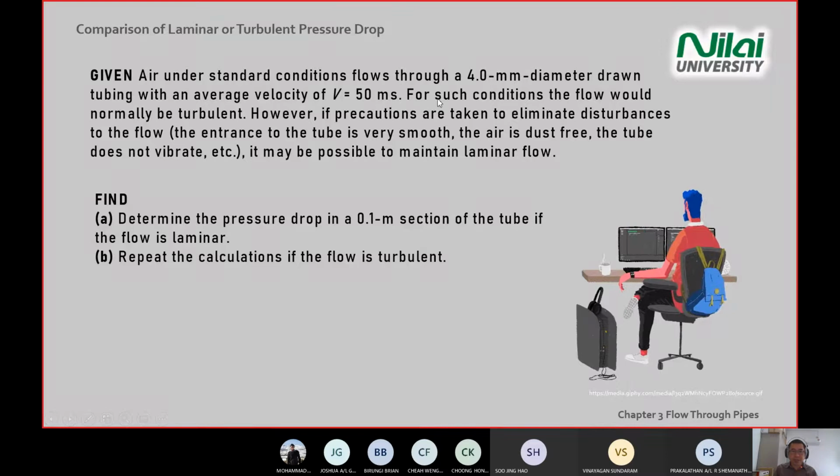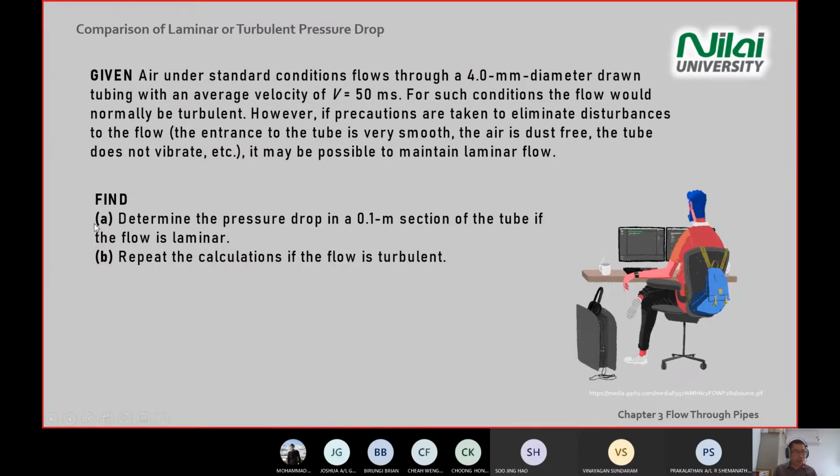For such a condition, the flow would normally be turbulent. However, if precautions are taken to eliminate disturbance to the flow, meaning we use a smooth tube, the air is dust-free, and the tube does not vibrate, it may be possible to maintain laminar flow. So there are two tasks.